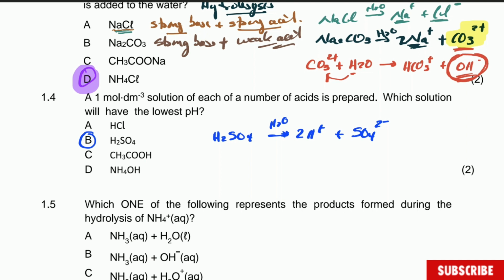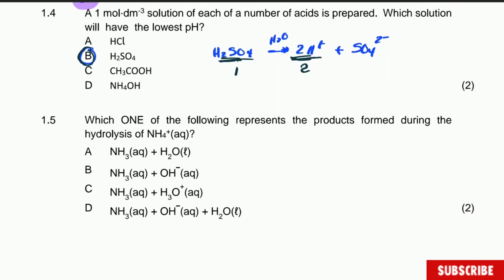As you can see here, the ratio of the concentration of the acid to the concentration of the ions produced is 1:2. So the concentration in actual fact of the ions will be increased, and therefore that one will decrease the pH. It is B the answer. It is a good question, that one, because you need this one to calculate pH a lot.